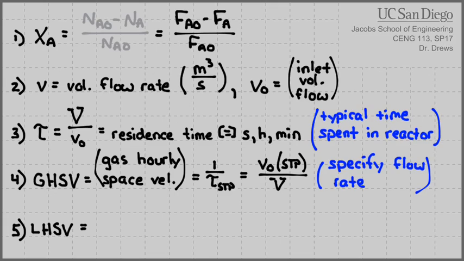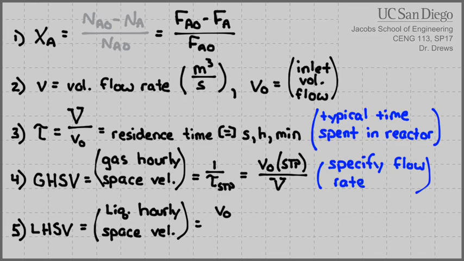And then there's also the LHSV, which it shouldn't be surprising what this is. This is the liquid hourly space velocity, which again is a fancy way of saying what the liquid flow rate is. It's a little bit easier to define because the volumetric flow rate of a liquid divided by the volume of the reactor is the same no matter where you are.